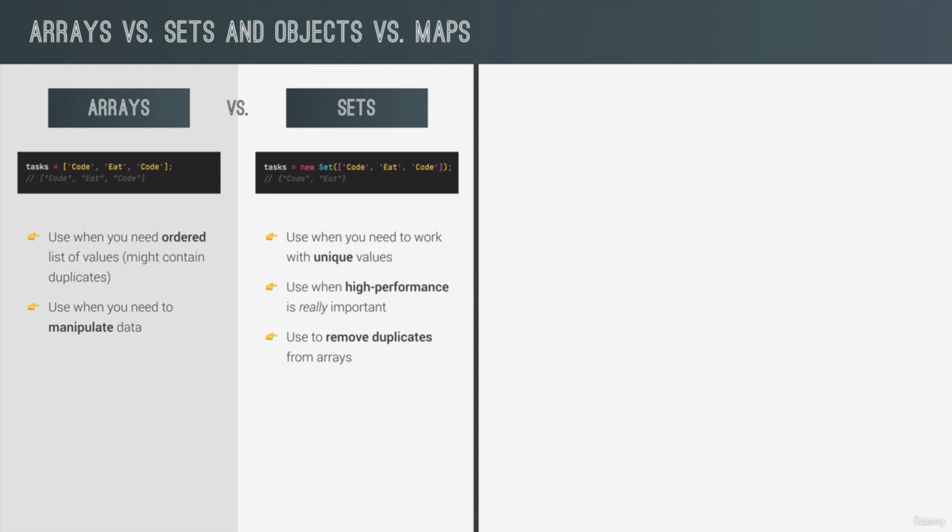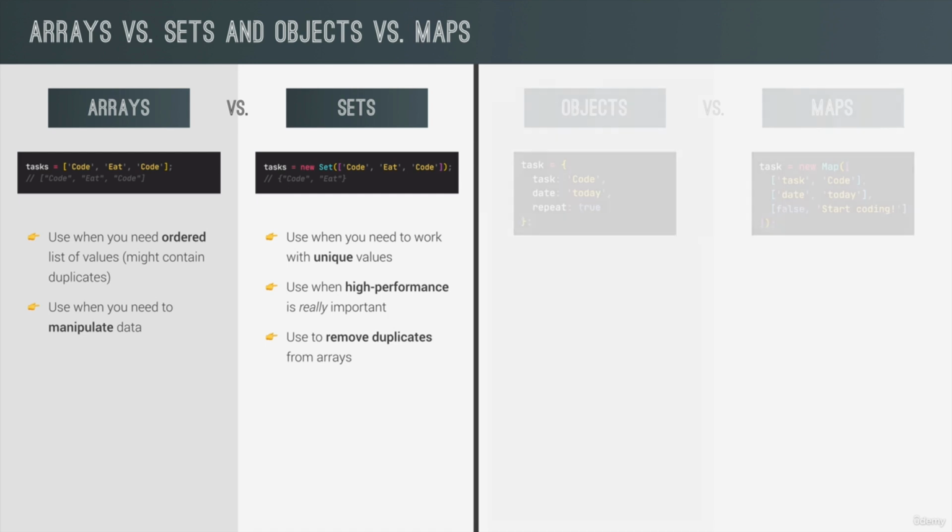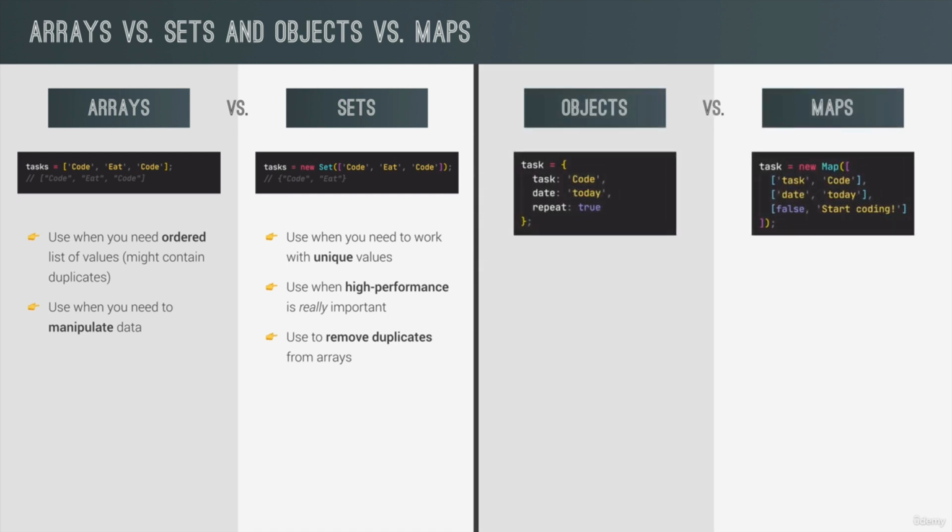So sets are really not meant to replace arrays, but rather to complement them whenever we are dealing with unique values. Okay, so now let's talk about objects versus maps, and we already know that we should use these key value data structures whenever we need to describe the values using keys, right?